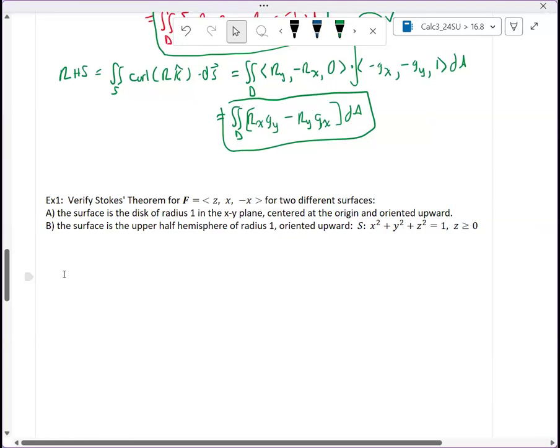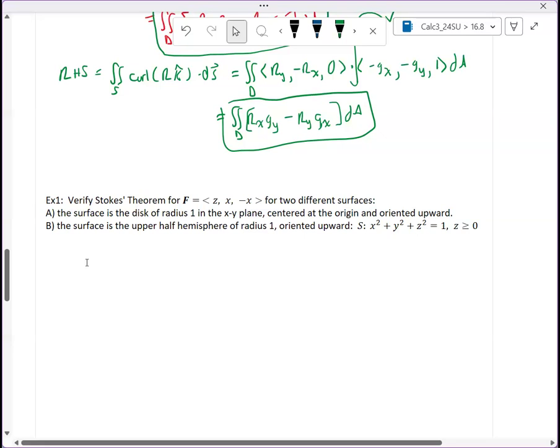Okay, let's look at an example. Here we're going to verify Stokes' theorem. So we're going to compute the left-hand side, compute the right-hand side and show that the two are equal. We're going to end up doing three integrals. We're going to verify it for a specific field for two different surfaces.